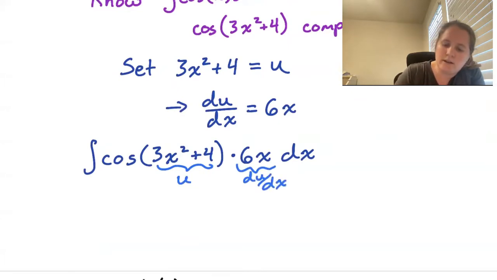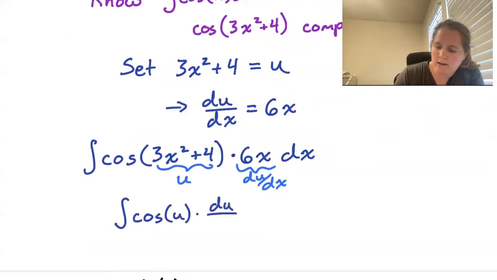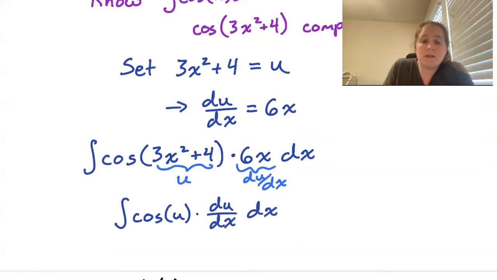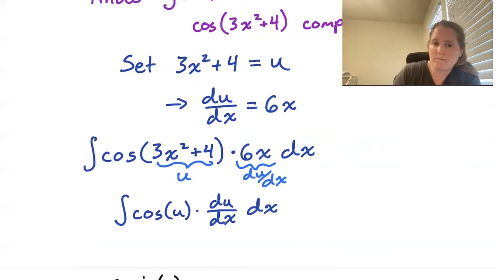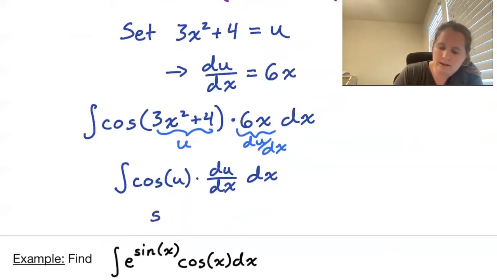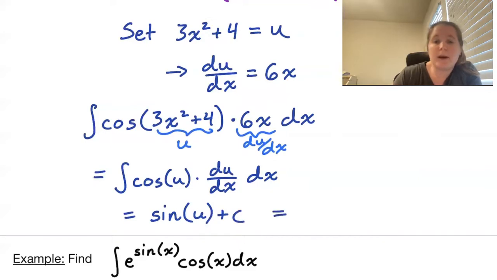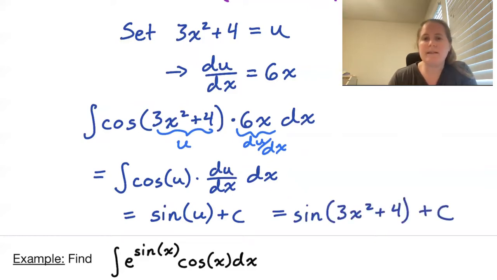So we are really just looking at an integral of cosine of u times du dx, and then dx. We just integrate cosine, and cosine goes to sine of u plus c. Plugging back in our u, this is sine of 3x squared plus 4, plus c. So we were just pulling out the chain rule from the problem we were given.